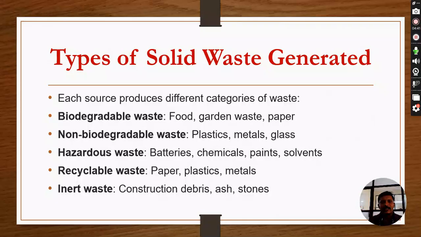And types of solid waste generation. Each source and various types of solid waste produce different categories of waste like biodegradable waste, non-biodegradable waste, hazardous waste, recyclable waste and inert waste. For example, residential areas produce biodegradable, non-biodegradable, recyclable and inert waste. Industrial areas produce biodegradable, non-biodegradable, hazardous, recyclable and inert waste also.